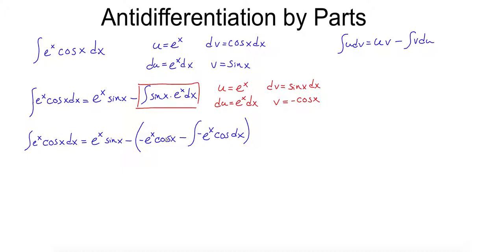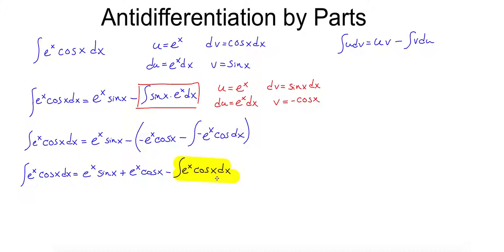So we're going to get the integral of e to the x cosine x dx is equal to e to the x sine x plus e to the x cosine x minus the integral of e to the x cosine x dx.